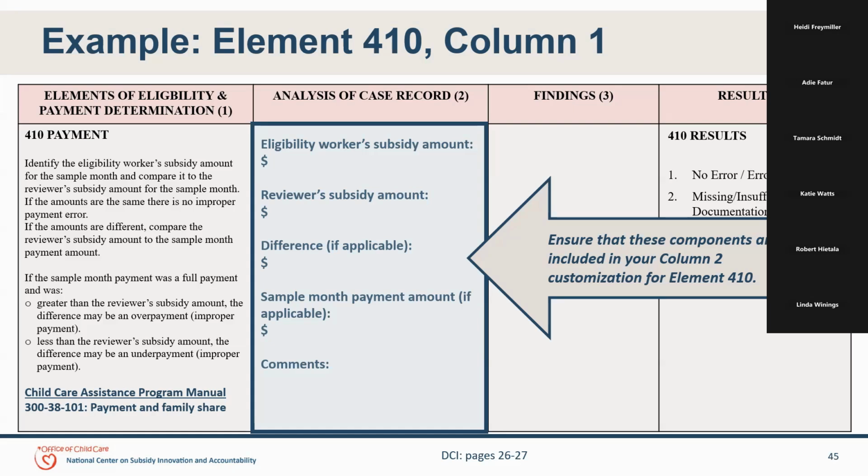A comments box is always useful to include as well. And you can certainly add additional items in 410 if you think that would be helpful, but we do like to see this as a minimum.